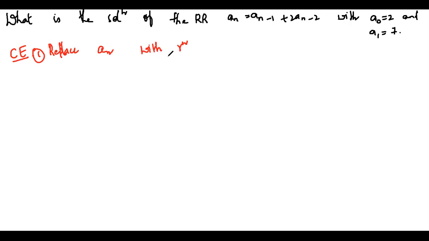Also move all the right hand side terms to the left hand side. We will get r power n minus r power n minus 1 minus 2 r power n minus 2 is equal to 0. Now, what is the next step? The next step is to divide this equation by r power n minus 2.